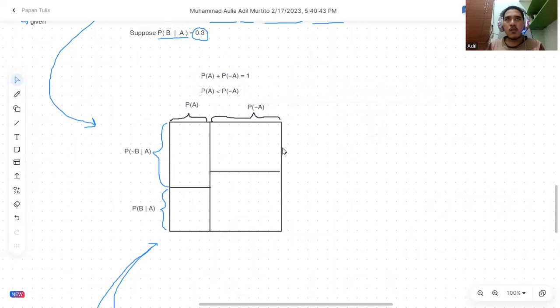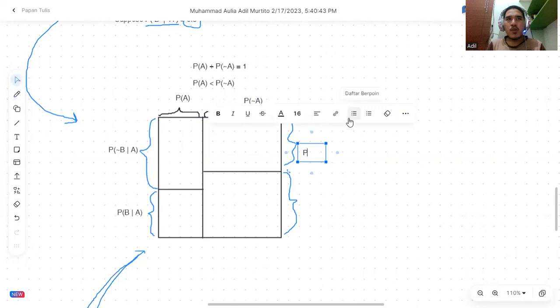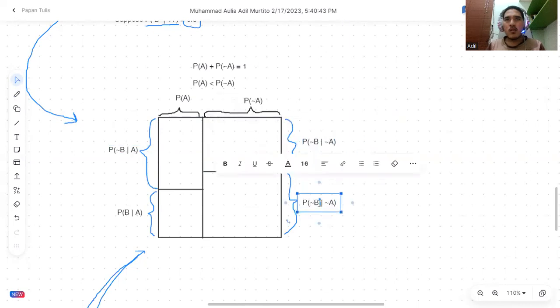Let's move it here, and then we can write this as P(B given A) like this, and so is this one.